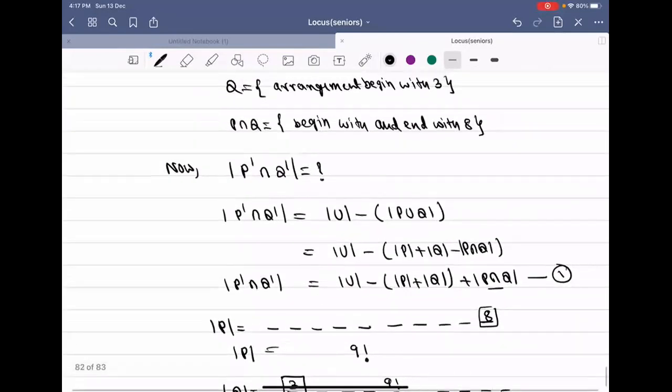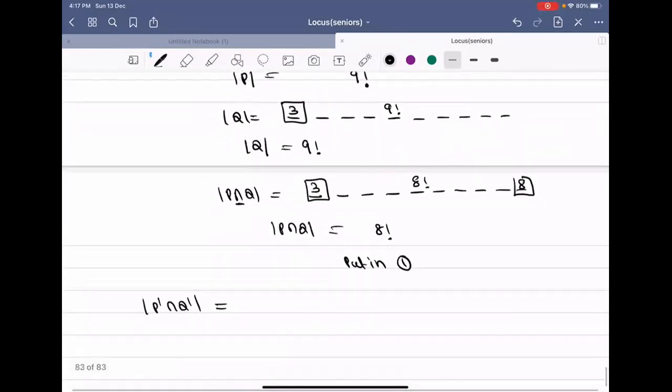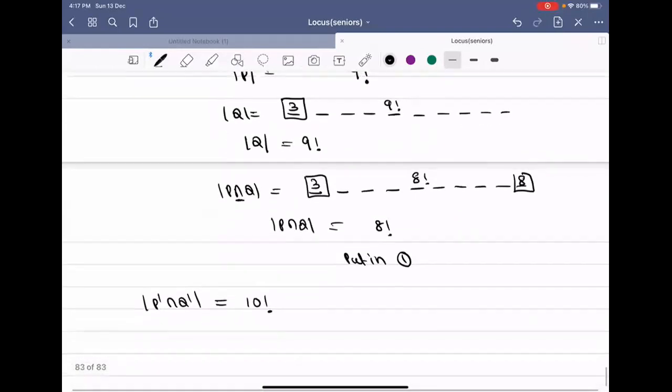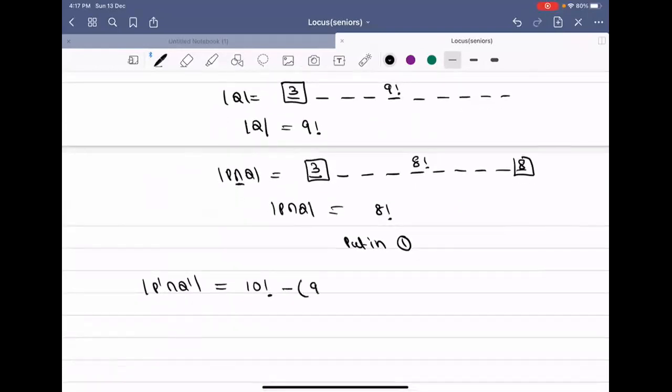What is the universal set? 10 factorial, already we calculated. 10 factorial minus 9 factorial plus 9 factorial, again plus P intersection Q, 8 factorial. So this is the answer. Okay?